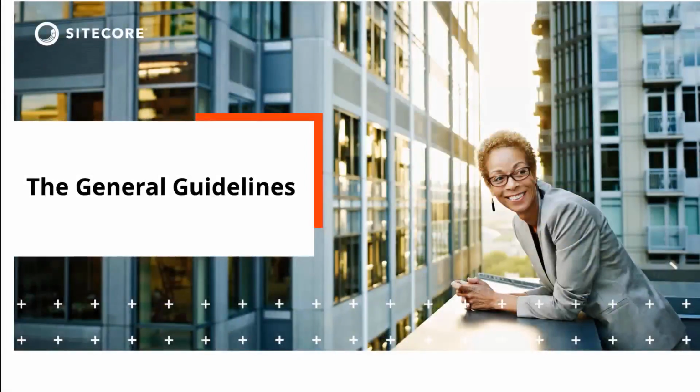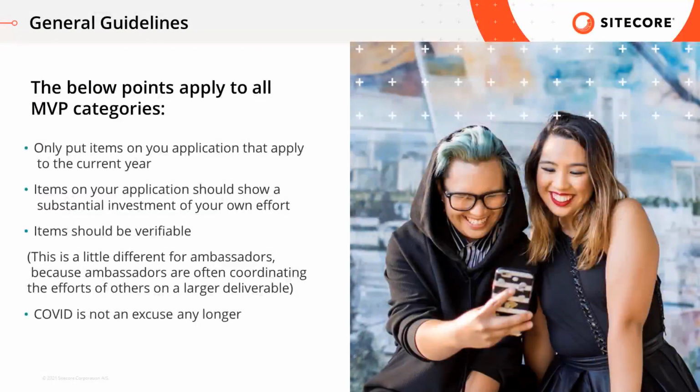Let's begin with some general guidelines that apply regardless of what category of MVP you're applying to become. First, only put items on your application that apply to the current year. As an MVP, we're looking for consistent contribution from you to the community.